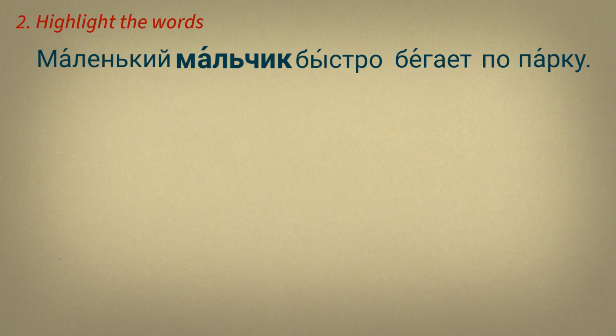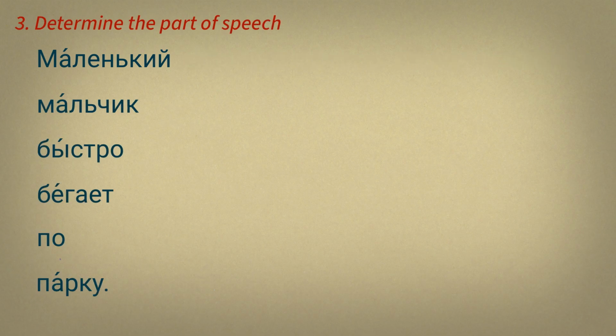Маленький мальчик быстро бегает по парку. And now let's determine the part of speech for each word using visual clues. Маленький. It's an adjective, and this adjective has an ending -ий. Мальчик.